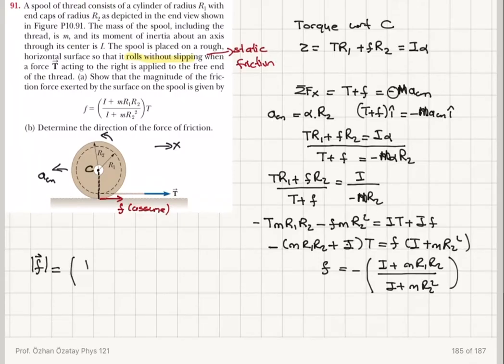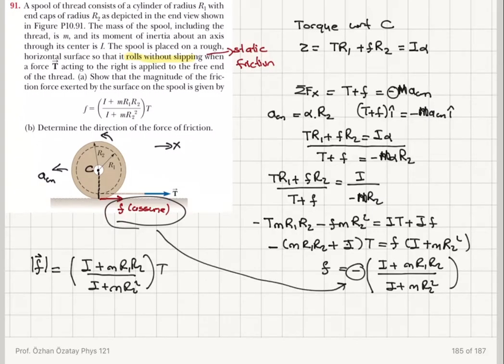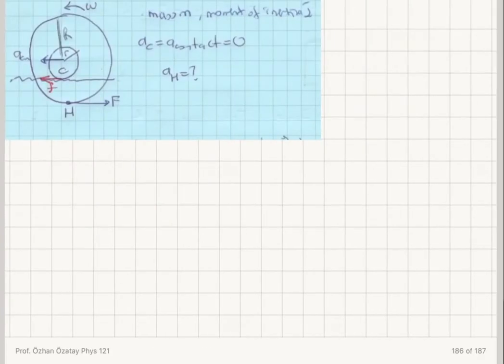So its magnitude of the force is I plus m R1 R2 divided by I plus m R2 squared T, but direction I have assumed it is pointing to the right, but I got a minus sign, so direction of friction is to the left. So I was wrong in my assumption.